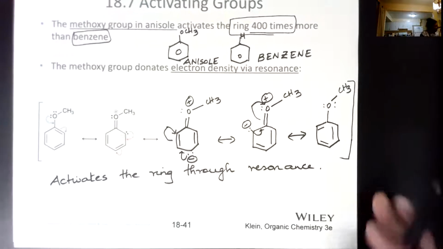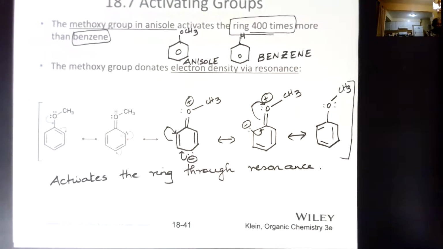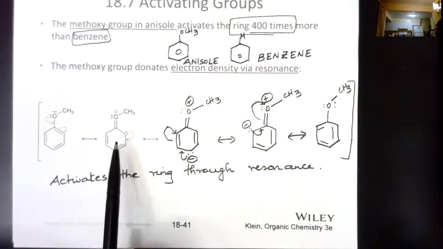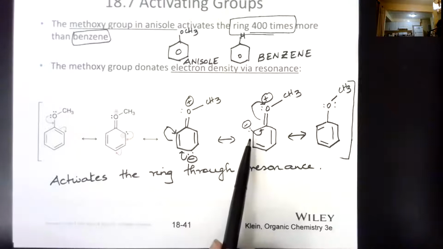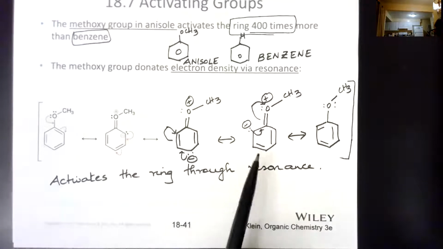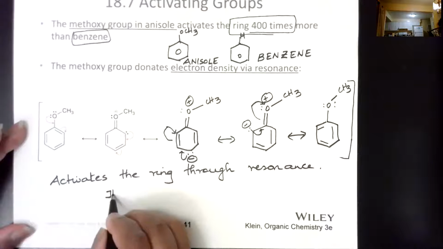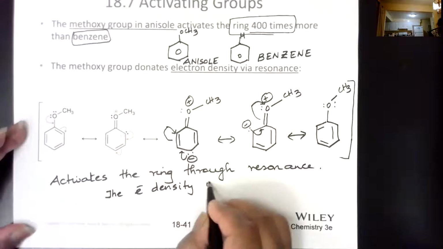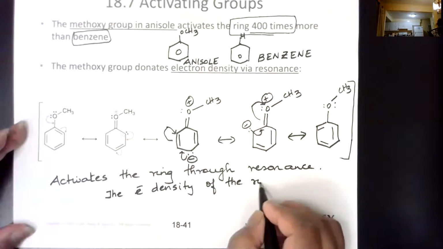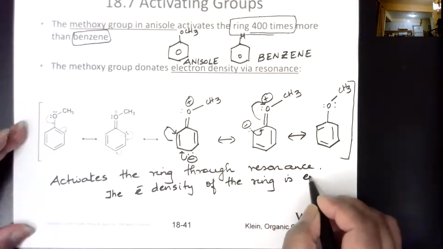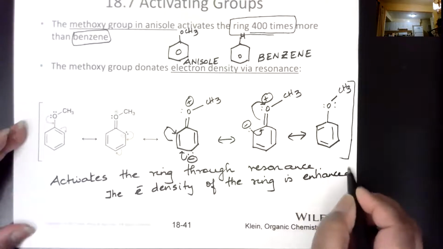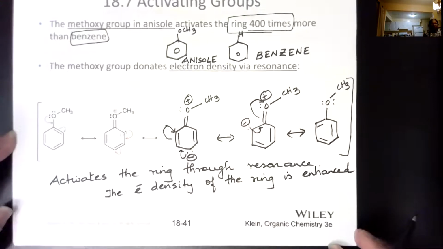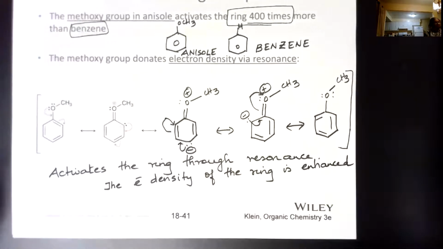So what happens in this case? The electron density of the benzene ring is increased. You have a negative charge here in the ring, negative charge here, and negative charge there. You see that? So the electron density of the ring is enhanced. And where do you see these negative charges? That's something interesting.